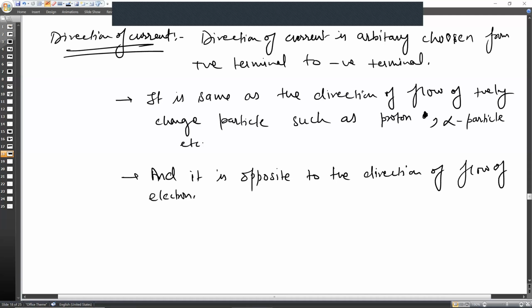It is opposite to the direction of flow of electron. Note it down fast.